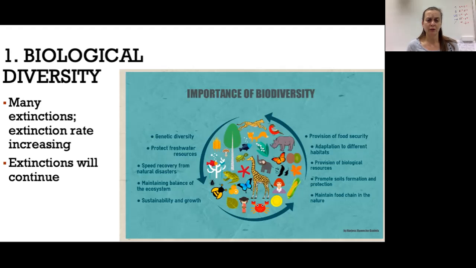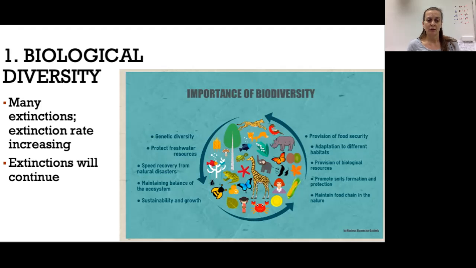We know that biological diversity is important for a lot of things. When we talk about threats to biological diversity, we can use the acronym HIPCO, so like a hippo, but with a C in it. H is for habitat destruction. I is invasive species, a non-native species introduced by human beings, whether intentionally or unintentionally.